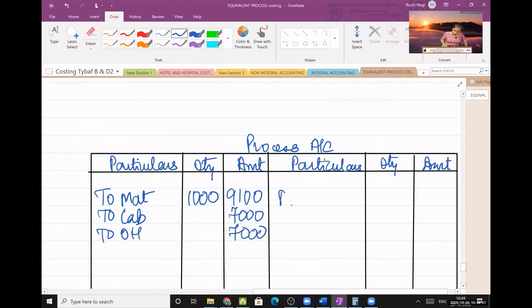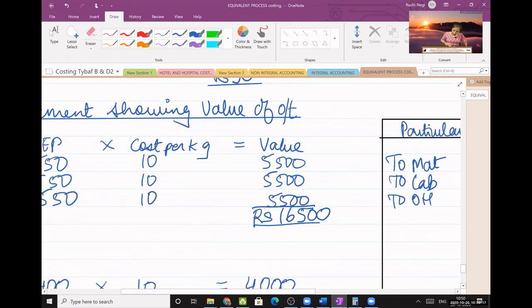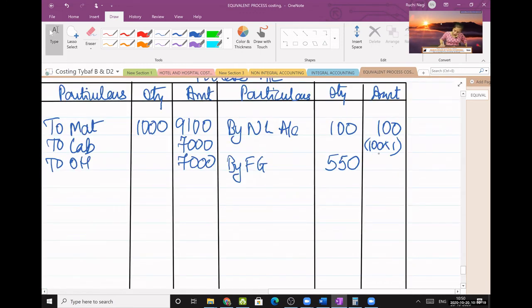Normal loss, 100 kgs, 100 multiplied with 1 rupee, 100. Then finished goods, 550, and how much was the answer? 16,500. So right here, 16,500.